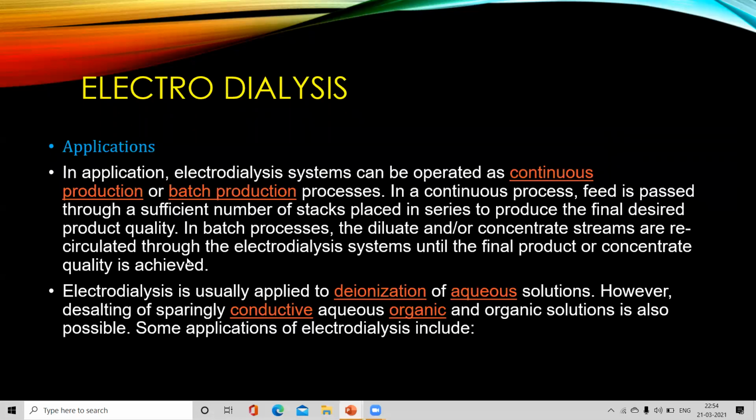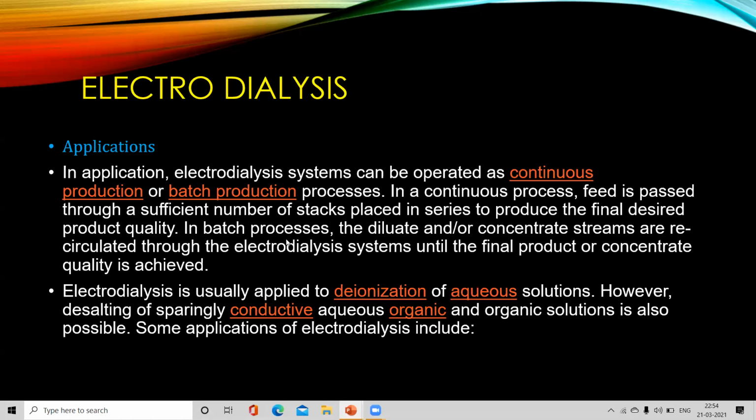Let's see some of the applications of electrodialysis. The first one: an electrodialysis system can be operated as a continuous production or batch production process. In a continuous process, feed is passed through a sufficient number of stacks placed in series to produce the final desired product quantity.